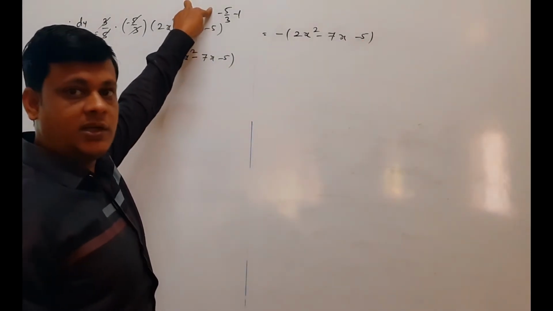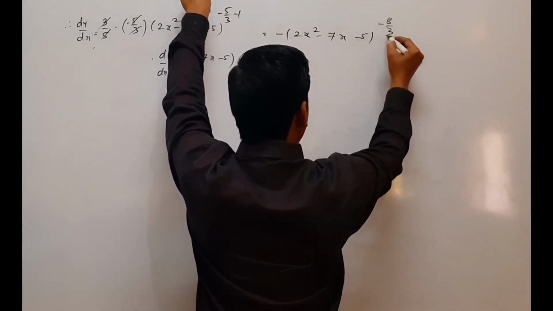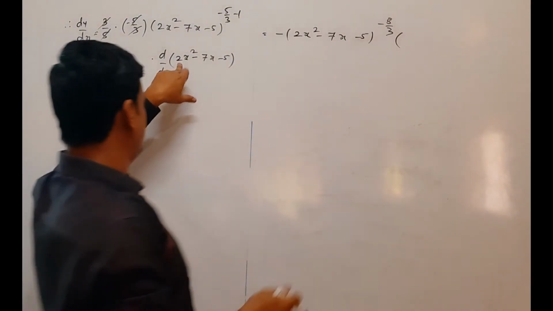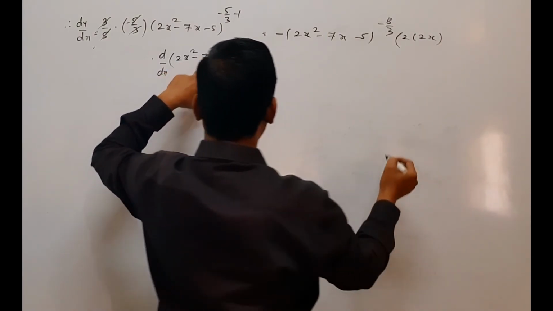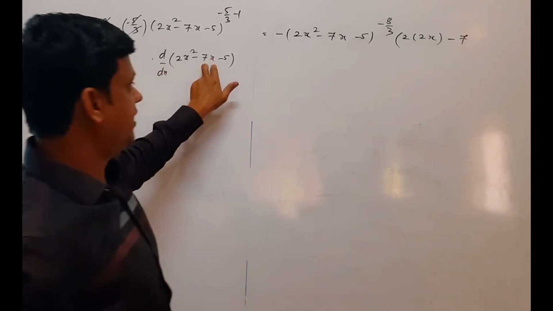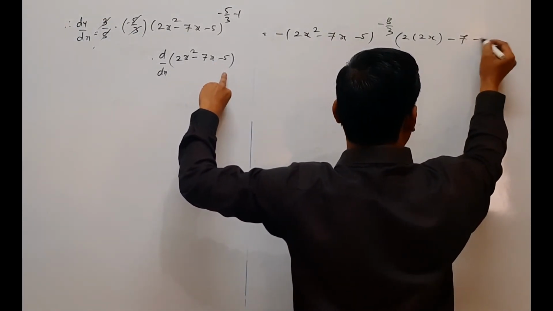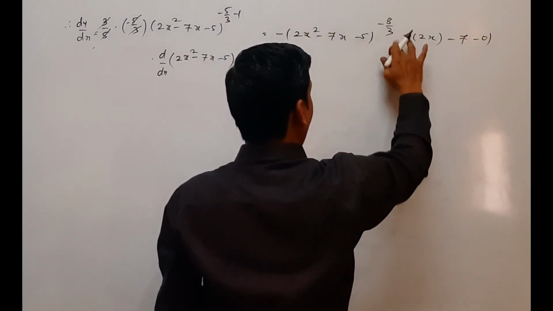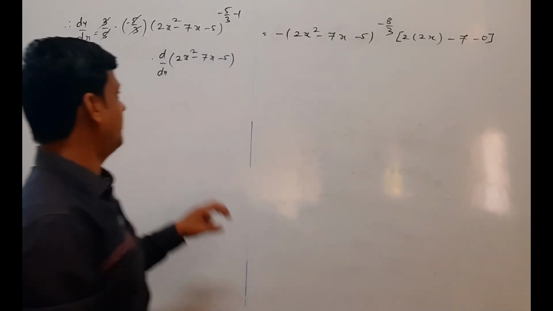So when we cross multiply this we get minus 5 minus 3, that is minus 8 by 3 into derivative of this bracket. So derivative of 2 is constant, derivative of x square is twice x, minus 7 into x. So 7 is constant, derivative of x is 1. So 7 into 1 we write 7, derivative of 5 that is constant is 0. So we write here square bracket. That means we find the derivative of each term.